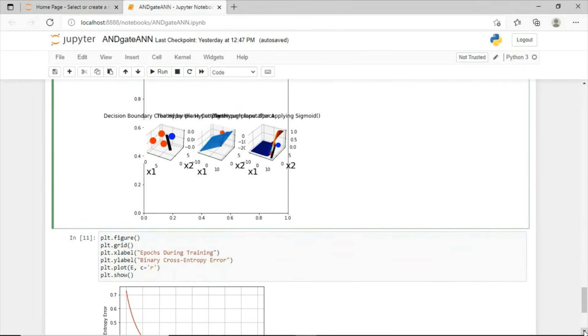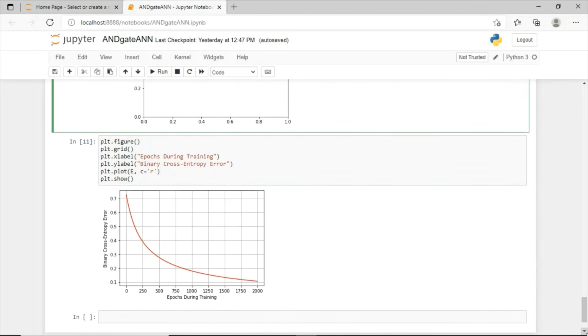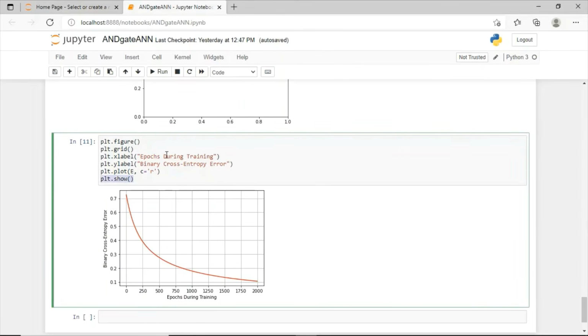And now we have to plot the error values that we have after each and every epoch. It is also important, while doing classification, to track the errors after each and every epoch. So track error on a per epoch basis.